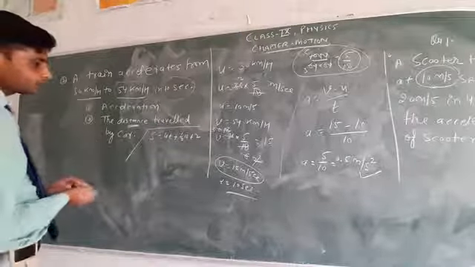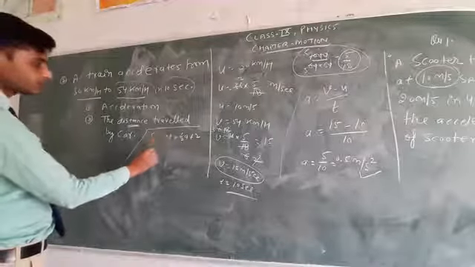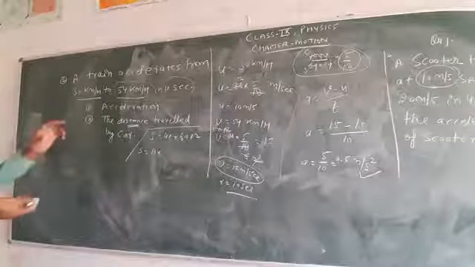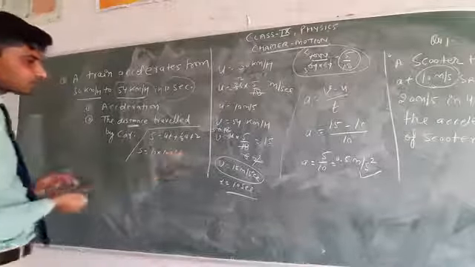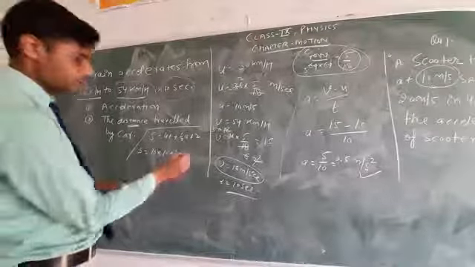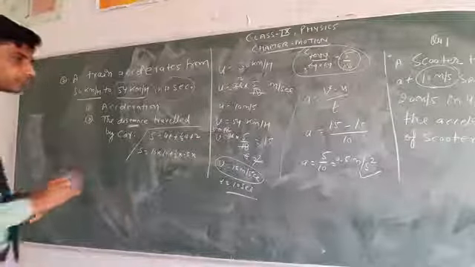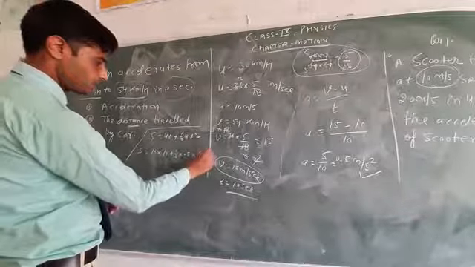So by putting in the values, u is 10 and t is also 10. What is the value of a? a is 0.5 and t is 10 square.